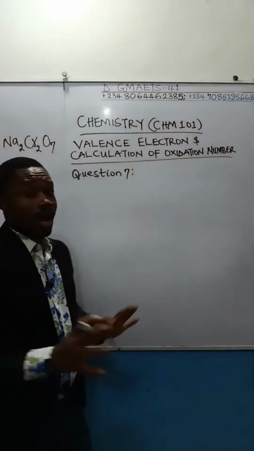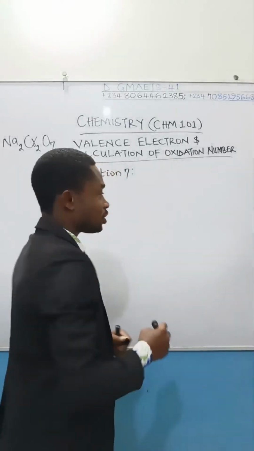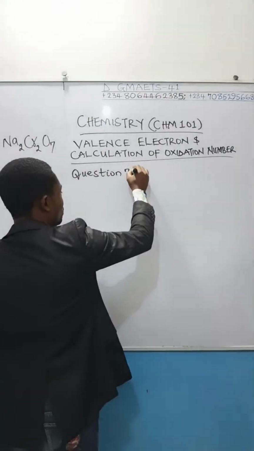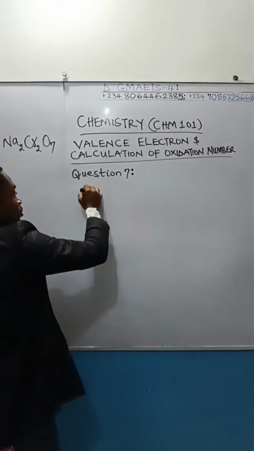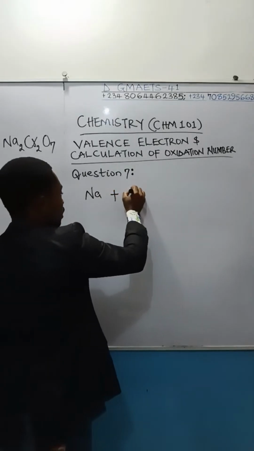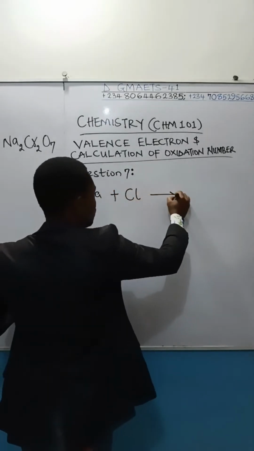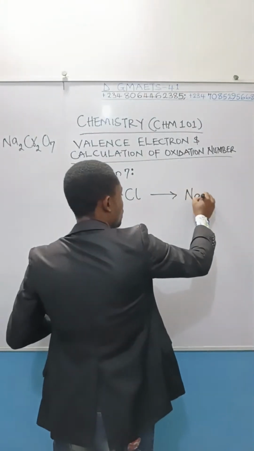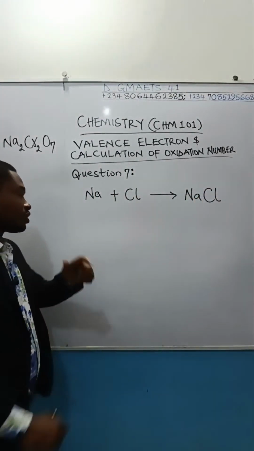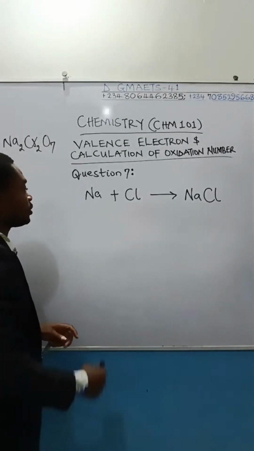I am going to give you a reaction equation, just a simple one. Sodium plus chlorine gives us sodium chloride.